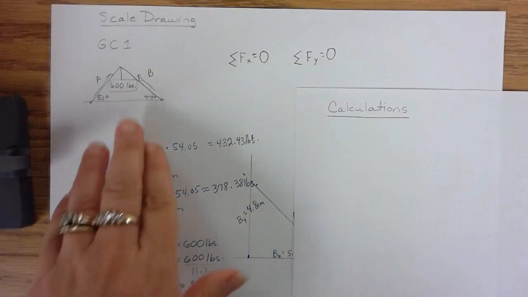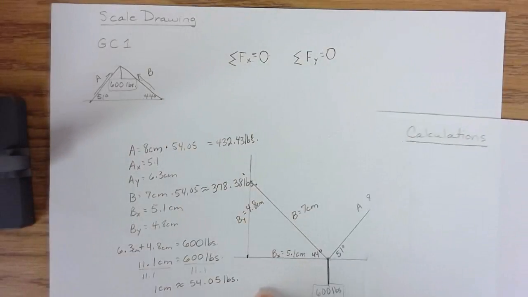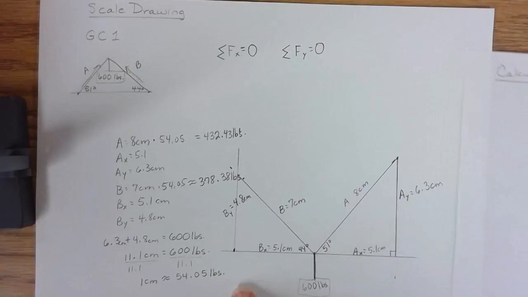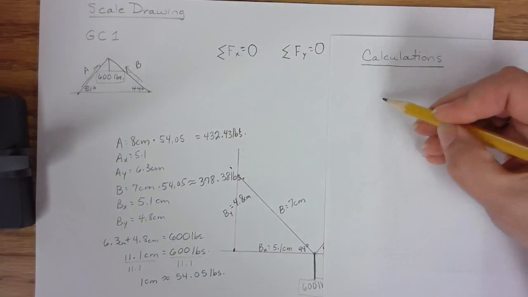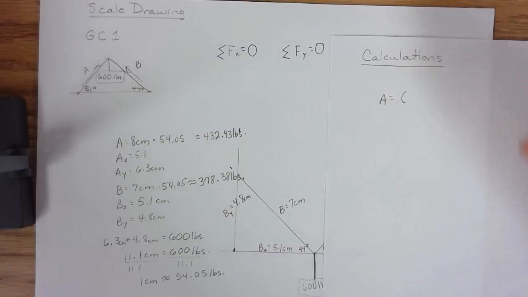So I'm going to look at the same figure that we had for ground case 1, and then we've got this scale drawing, and the scale drawing is actually where we're going to come up with our vectors that we're going to use. And so I'm going to have a vector A, and I need a magnitude and direction.